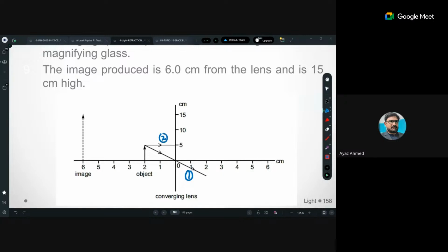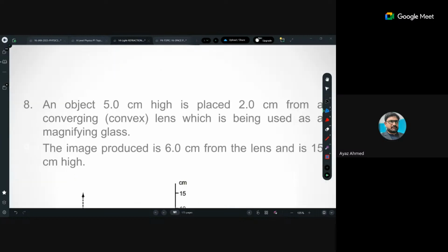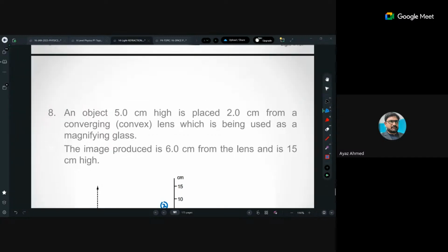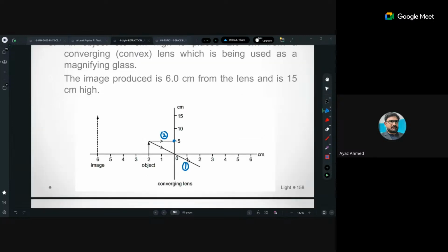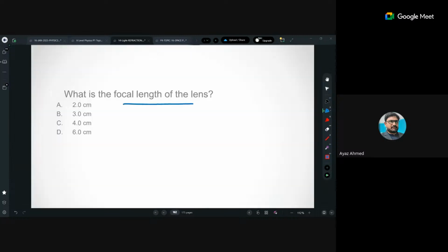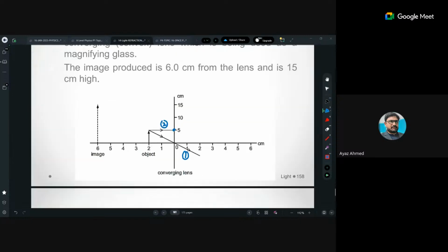Now, in step number 3, I told you to keep the ruler over here and join this point with the principal focus. The principal focus is how much? 2 centimeter. An object is placed, a converging lens is being used. There is no mention of what the focal length is. I believe you will be asked about the focal length. What is the focal length of the lens? So, what will you do now? You will join this point, you will join this point, and you will draw a line.